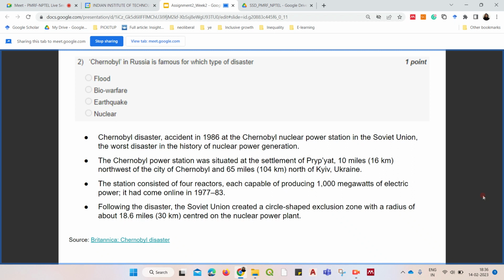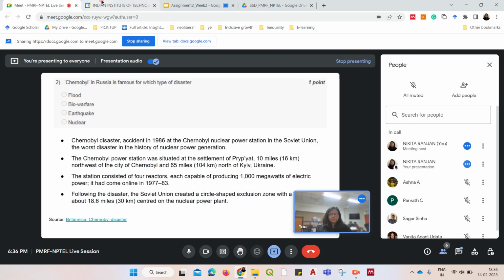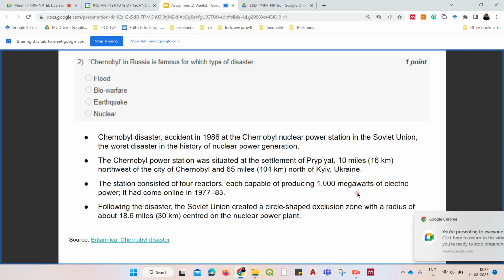So the Chernobyl disaster, or the nuclear accident at Chernobyl. Chernobyl is a place in Russia. It occurred in 1986 at the Chernobyl nuclear power station in the Soviet Union.